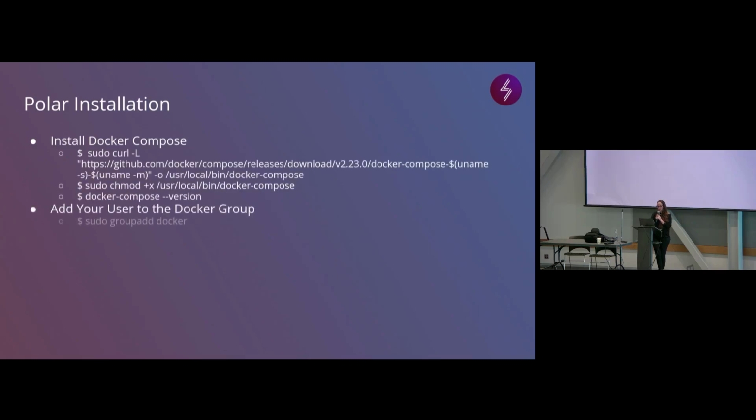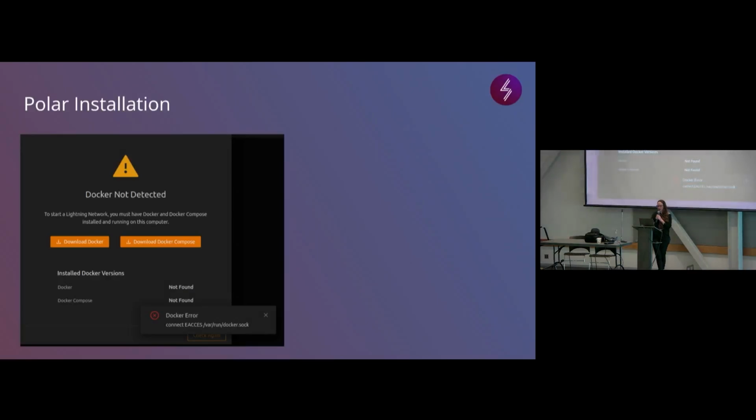Cool. So all the different instructions. If you're installing this on a Linux machine, make sure to get your permissions right. This is a common error that pops up when trying to run Polar on a Linux Ubuntu-based machine. It's just a permissions issue. It's a common one, so I linked to it there.